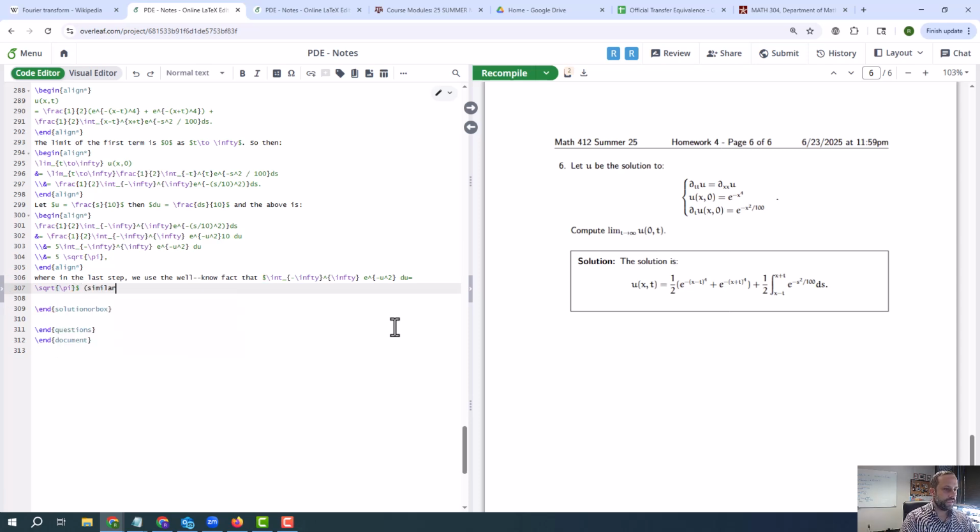And similar to the above, this is related to the fact that this is a Gaussian.